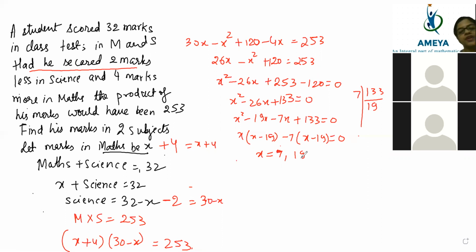Okay. So when x will be 7, math score is coming 7. Science will be 32 minus 7. That is 25.